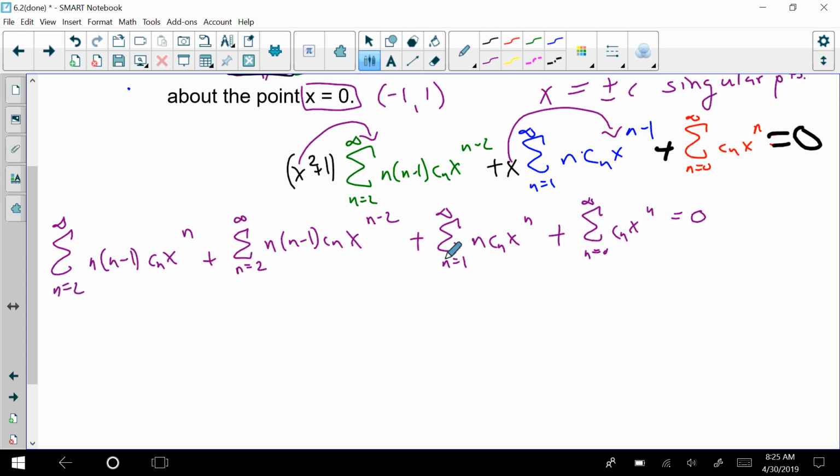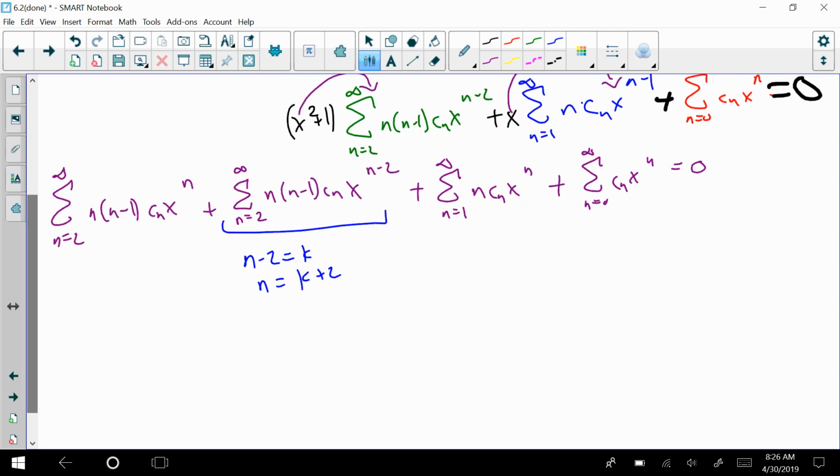The only one that's giving me some real issue here is this one. I would need n minus 2 to equal my k, which means that n equals k plus 2. All the other ones, I can get away with just saying n equals k, n equals k, n equals k.